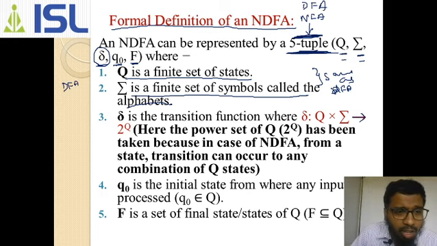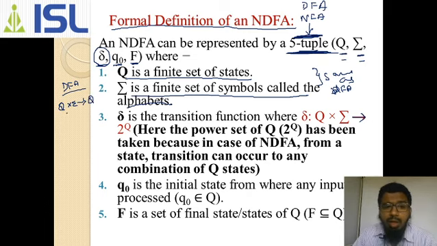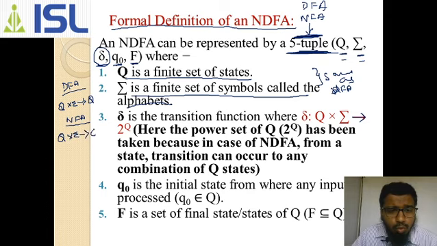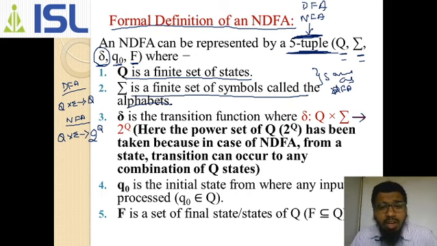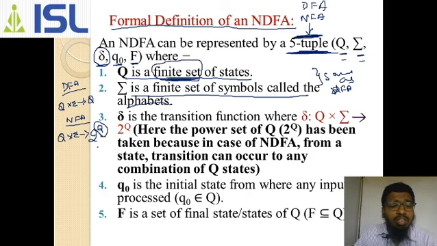In DFA we have Q cross sigma gives Q. But in NDFA or NFA, Q cross sigma gives 2 to the power of Q. Because any combination is possible from the finite set, that many combinations are possible.